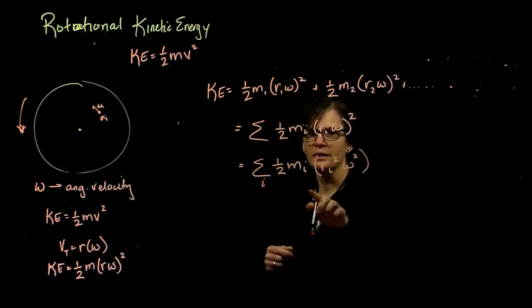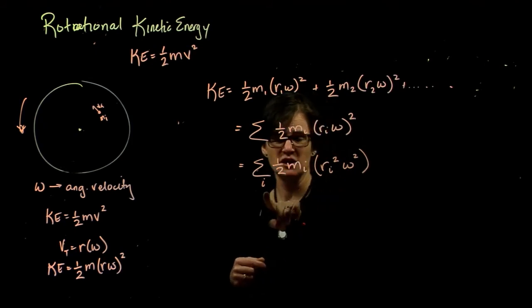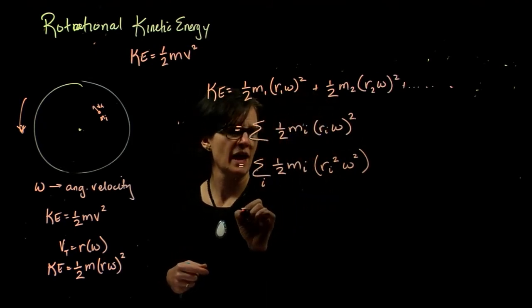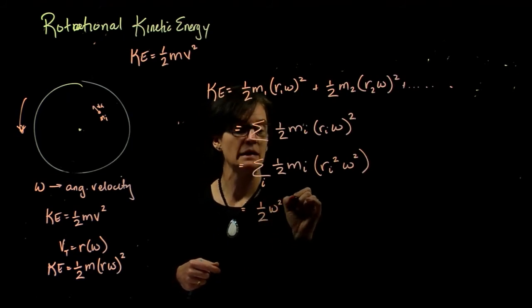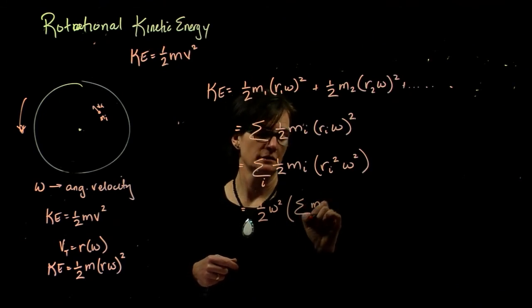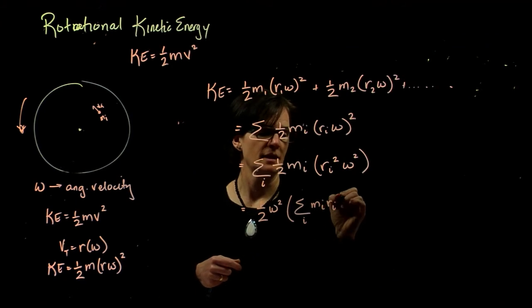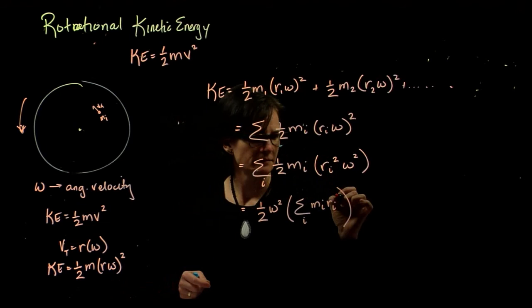Well, omega squared and the 1/2, those are constants. They don't change dependent on i. So that gives us 1/2 omega squared times the sum, across the i's, of the mass times the radius, squared. Forgot the square.